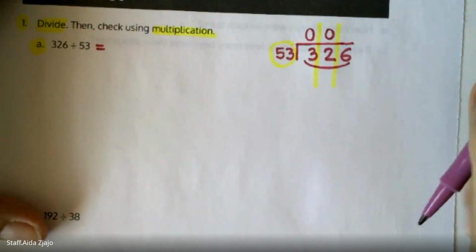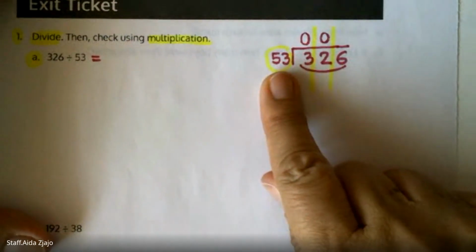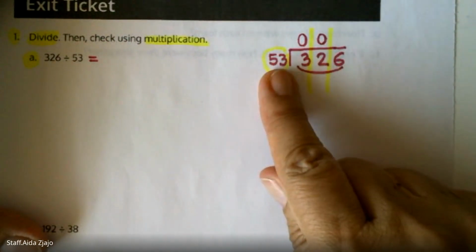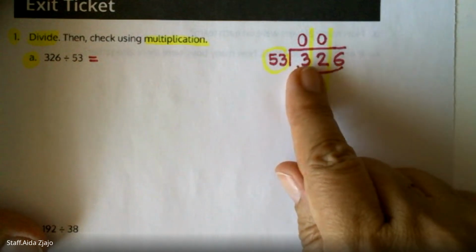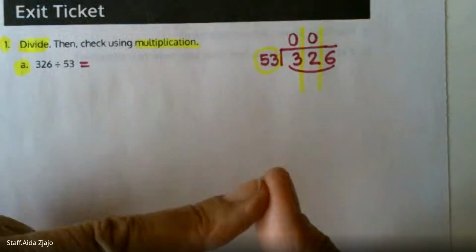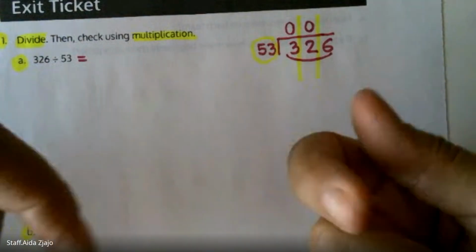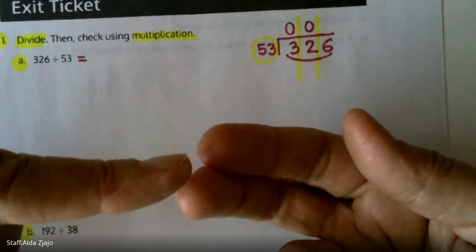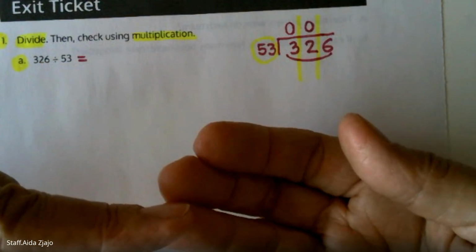I can guess: if you round 53 to 50, then in 300 you have 50 three times, 2 in each hundred, so 6.